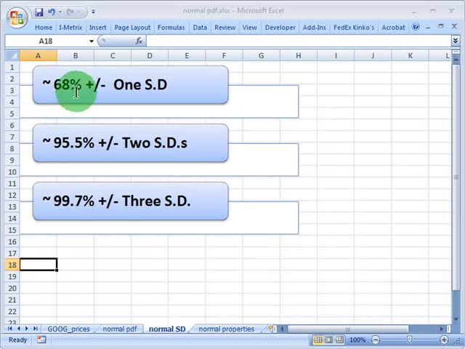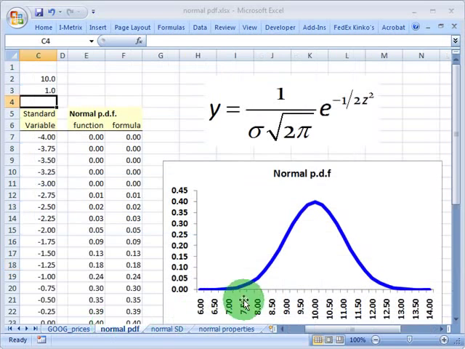About 68% of the area under the curve is covered by plus or minus 1 standard deviation. About 95.5% is covered by 2 standard deviations. About 99.7% is covered by 3 standard deviations. So those are rules of thumb that tell us how much of the area under the curve is covered by the distance plus or minus 1, 2, and 3 standard deviations respectively.